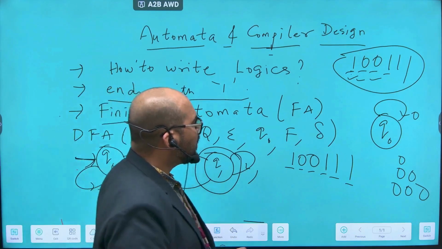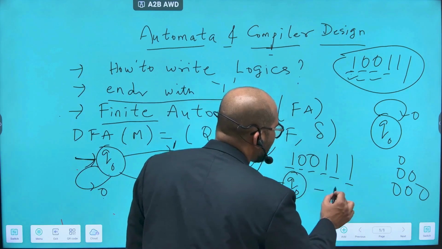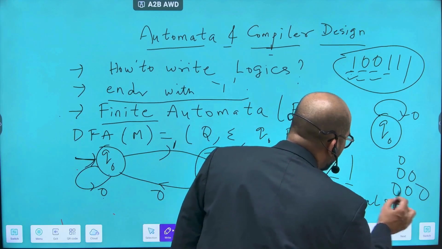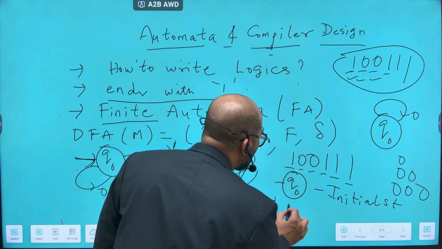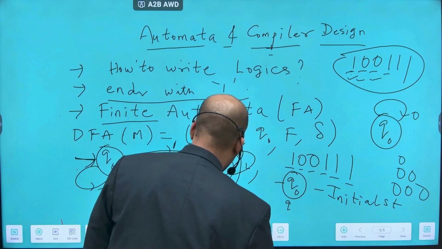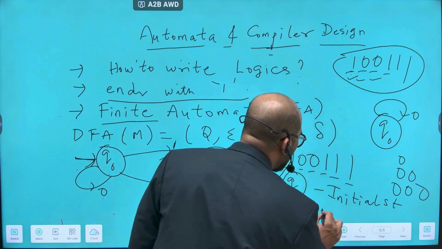Try to remember that an initial state is represented like this, and a final state is represented with a double circle.